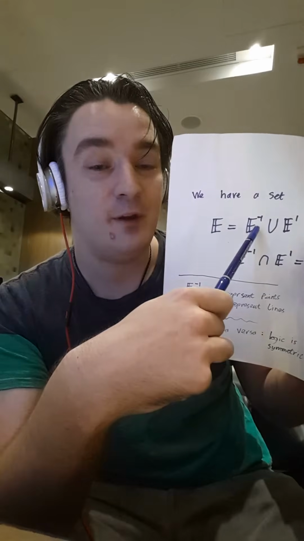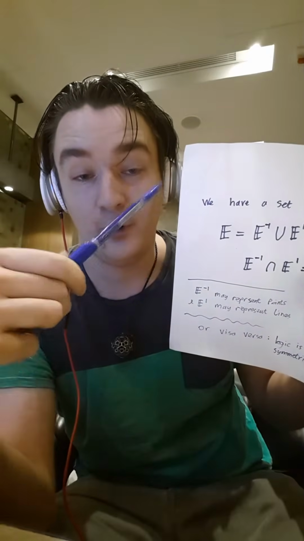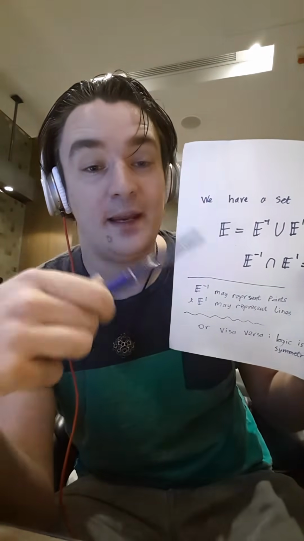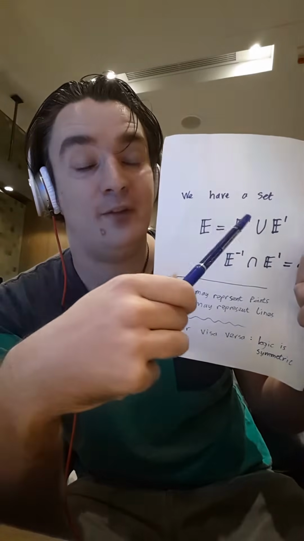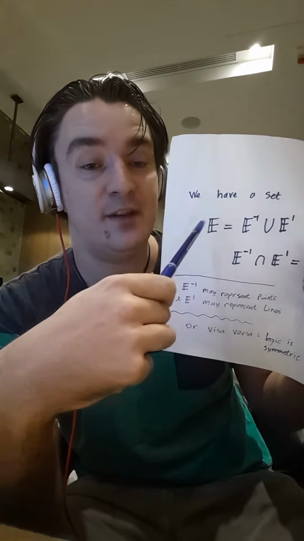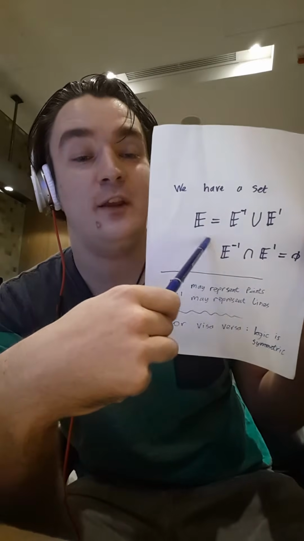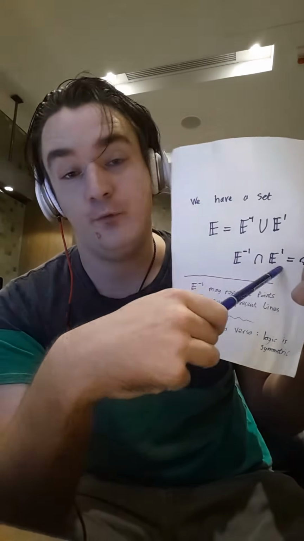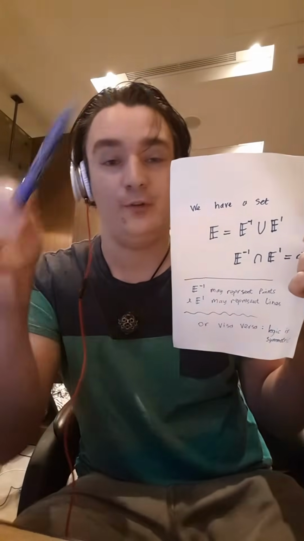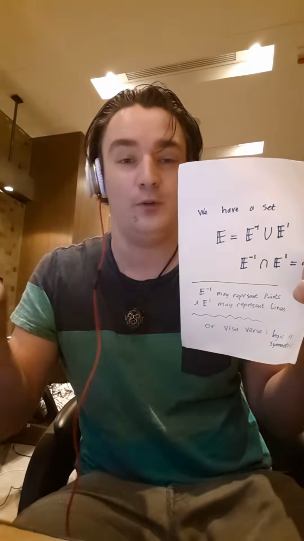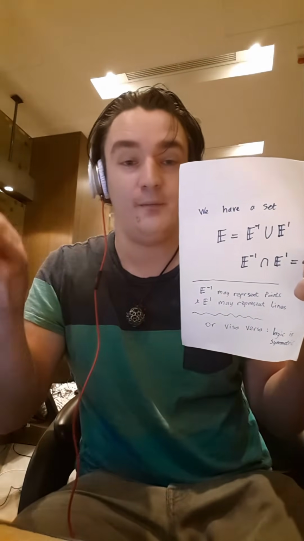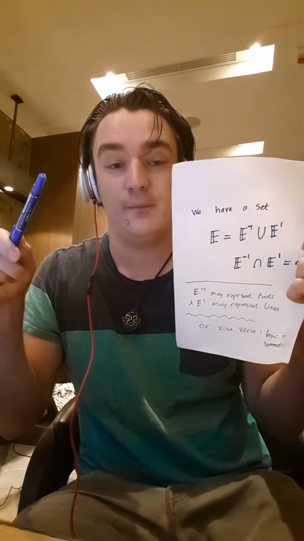The point here is that we're not going to ever use these words points and lines really when we're making our definitions. All that matters is that we have this set, and it's bipartitioned into two disjoint subsets, one of which we might call lines, and the other points.